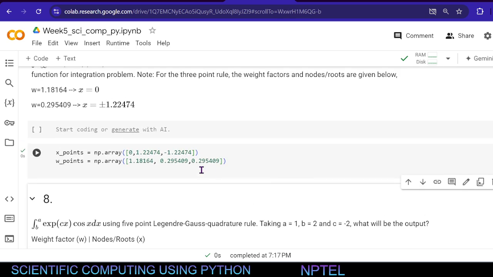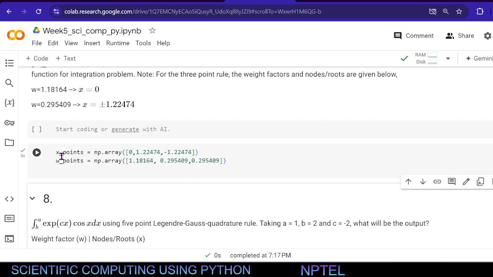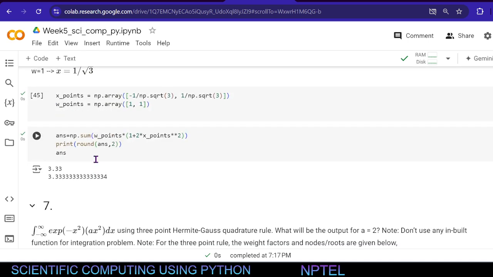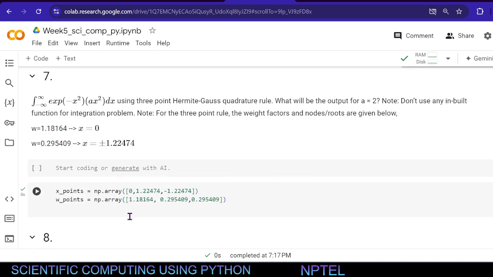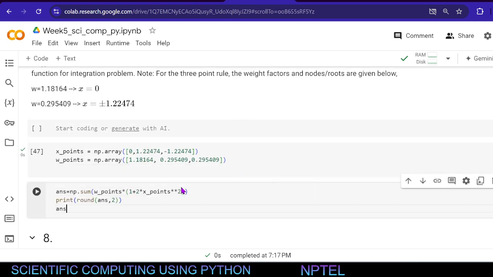Once you have x points and weights, it doesn't matter what method you used to arrive at them. It could be some black magic. Once you have the x and w, the integral is just this sum, right? It's going to be the sum of w points times the function evaluated at those x points.